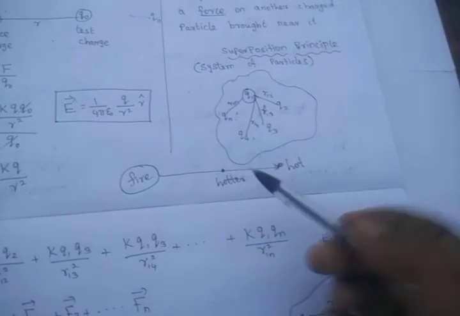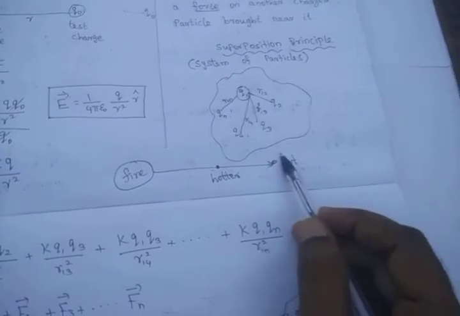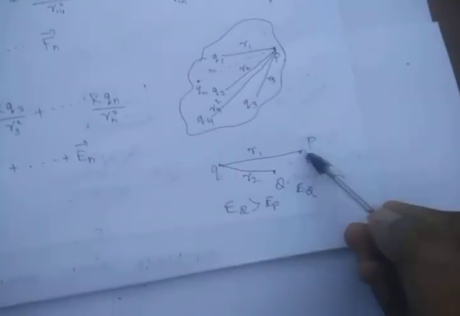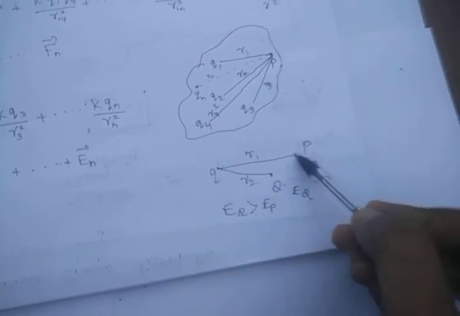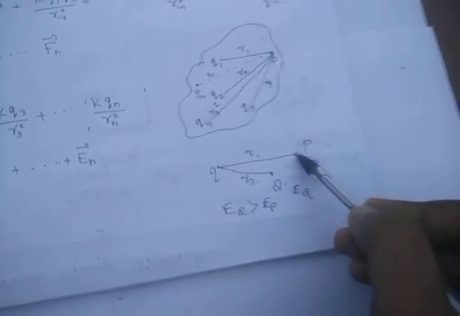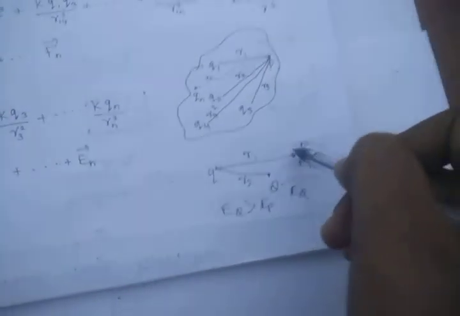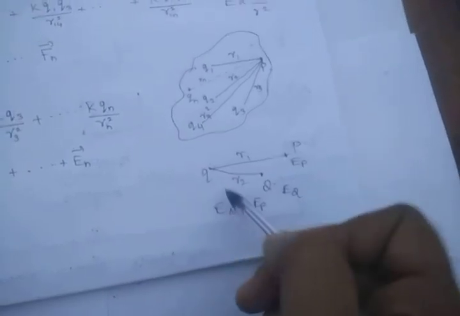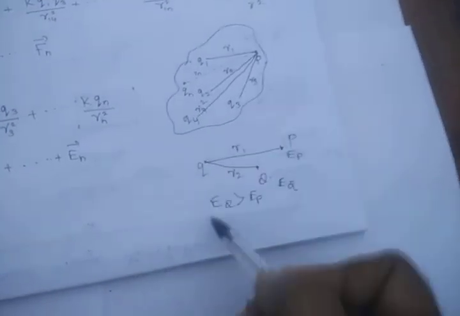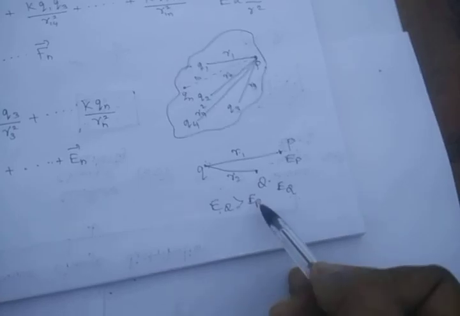It will be hotter than at this point. In a similar way, when the distance between the charge and the particular point is more, the electric field value will be very, very low, and when it is very close, the electric field value will be higher. Hence EQ is greater than EP.